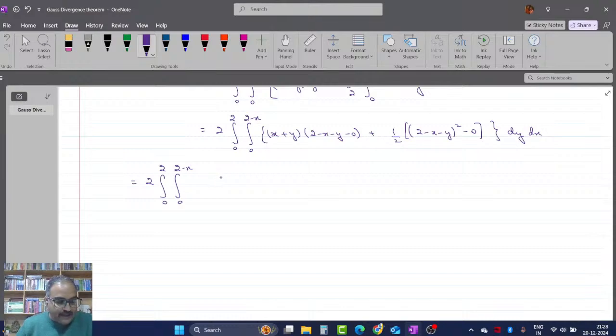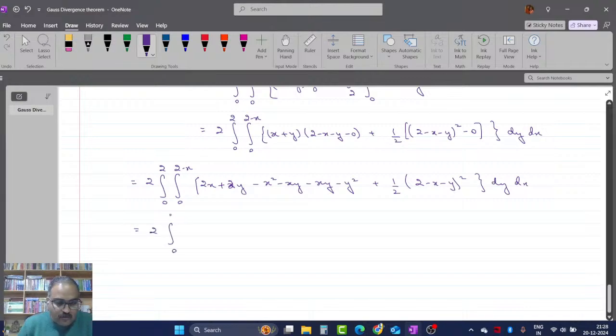Now I need to open the bracket, so it will be 2x, then 2x plus 2y minus x square, then minus xy, minus xy, minus y square, plus half of (2 minus x minus y) whole square, dy and dx. Now just check, is there anything going to cancel out or not?